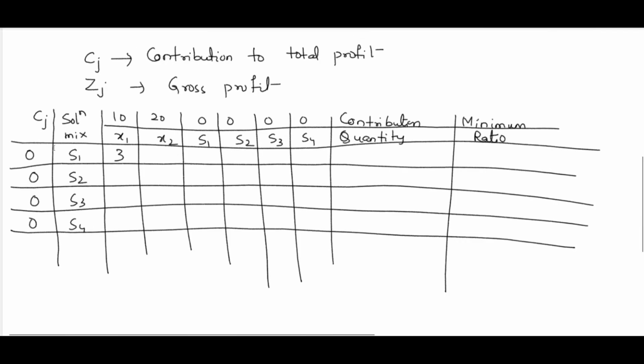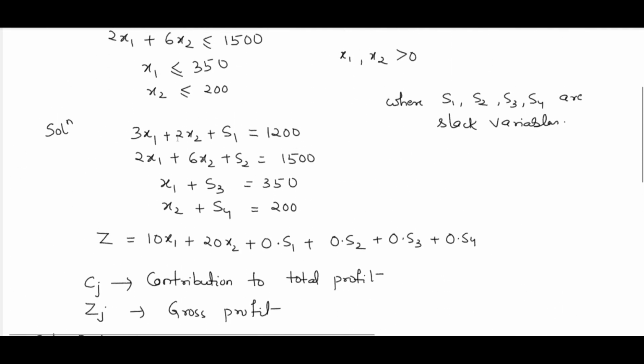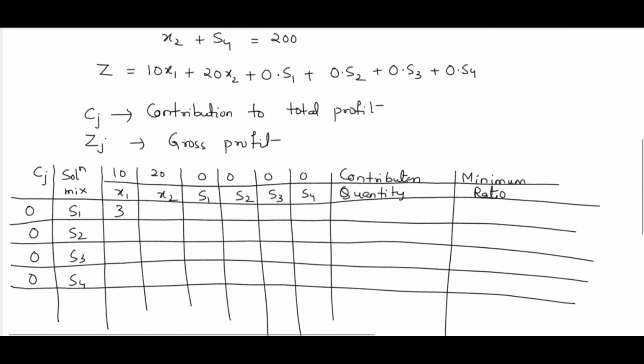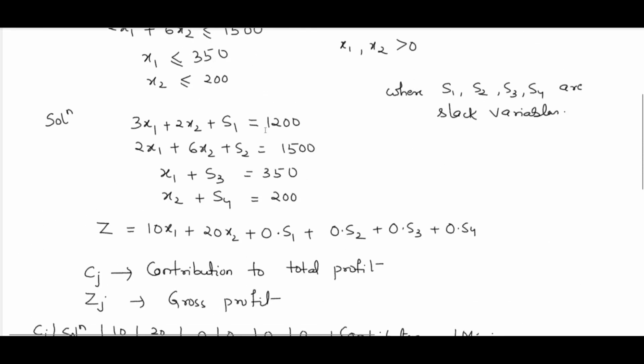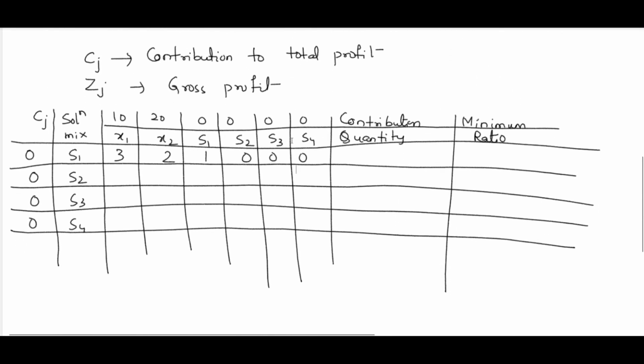That's why in the solution mixture we have s1 and its coefficient is 0. Then for x2 it is 2 and for s1 it is 1, so it is 2, 1, here all 0, 0, 0. And what is the contribution quantity? It is 1200.